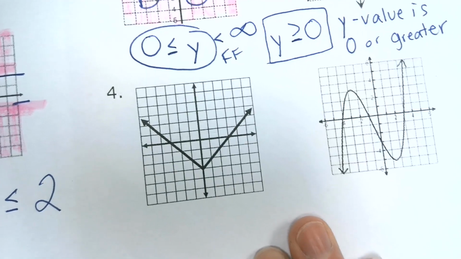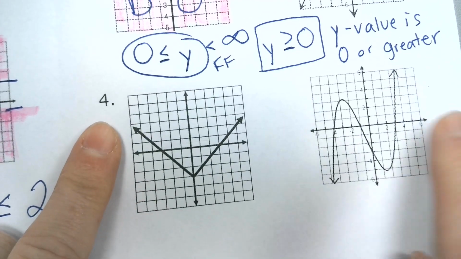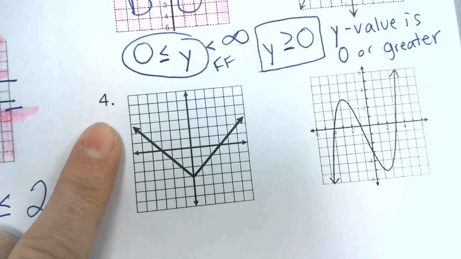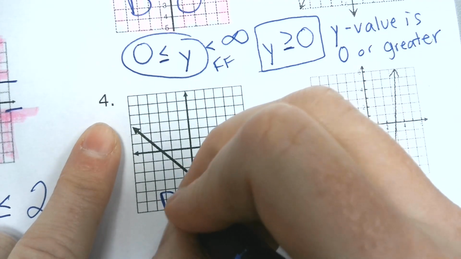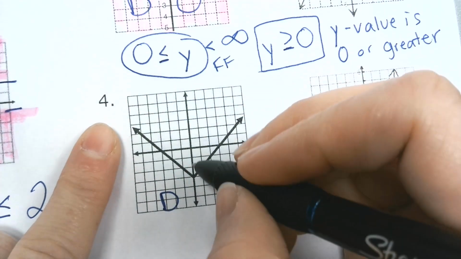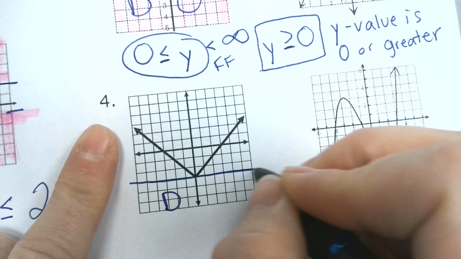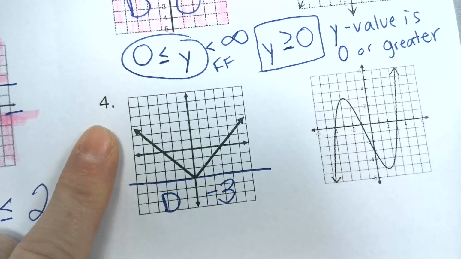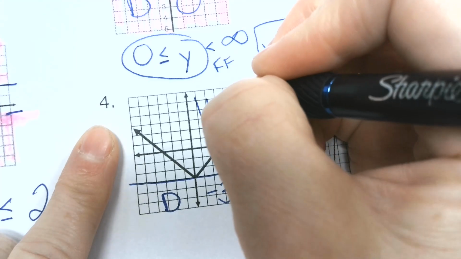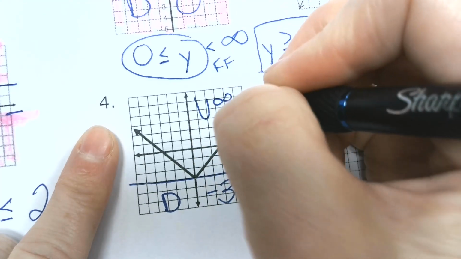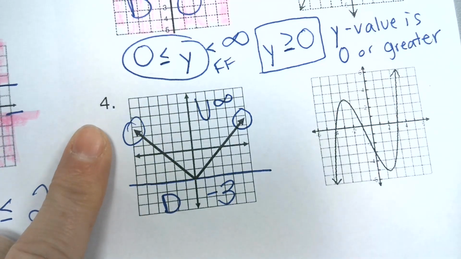Okay, so let's look at number 4. We're going to actually do both of them on 4. So let's see, how far down does this one go? -3, good. How far up? Yeah, the arrows are telling us it's going up to infinity.